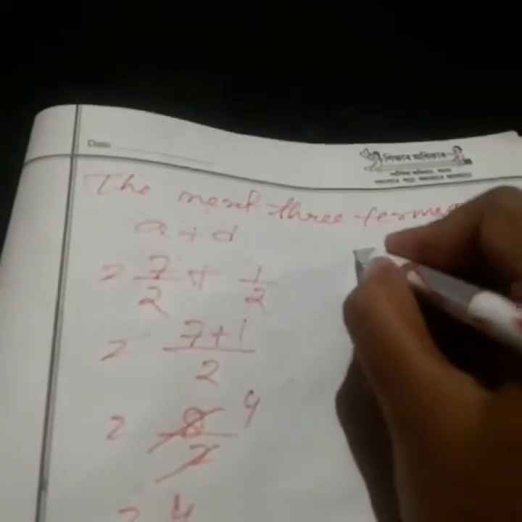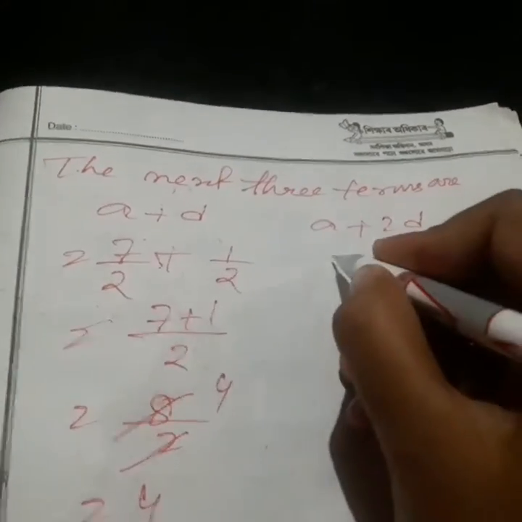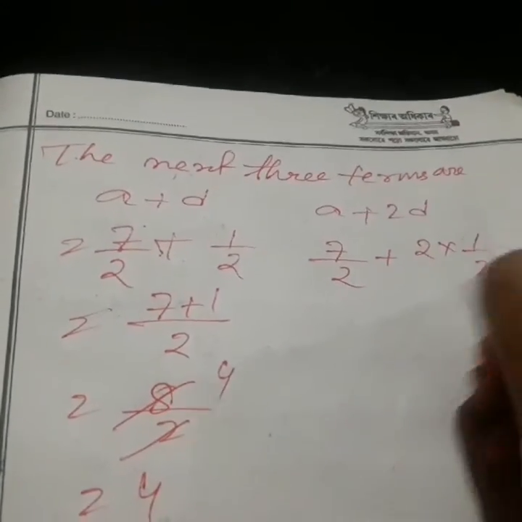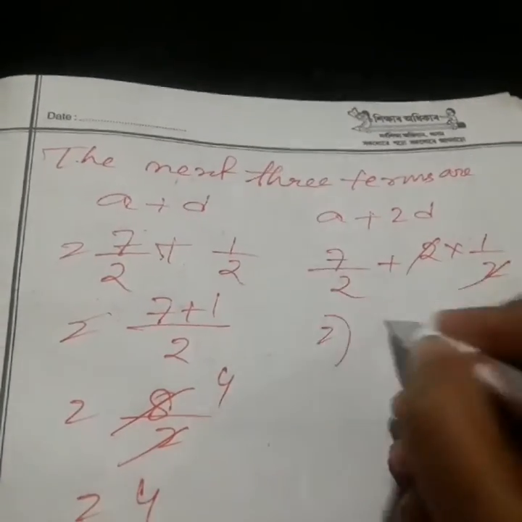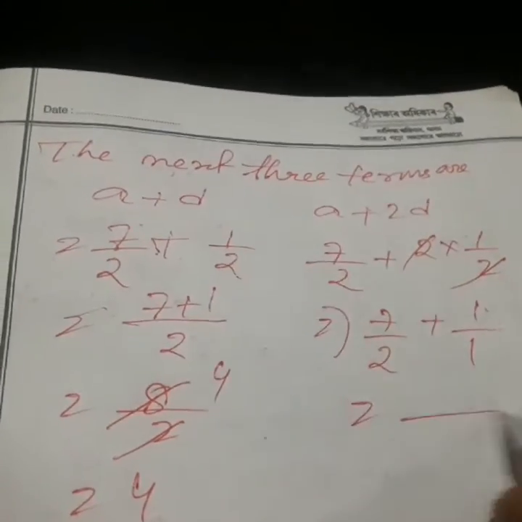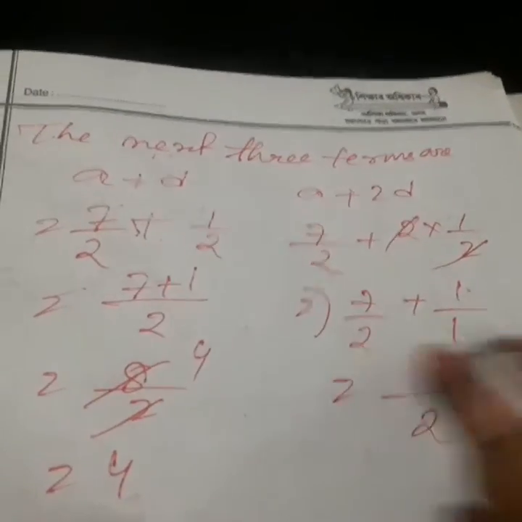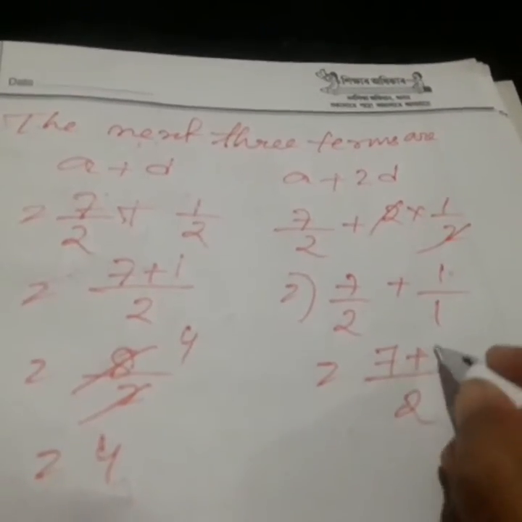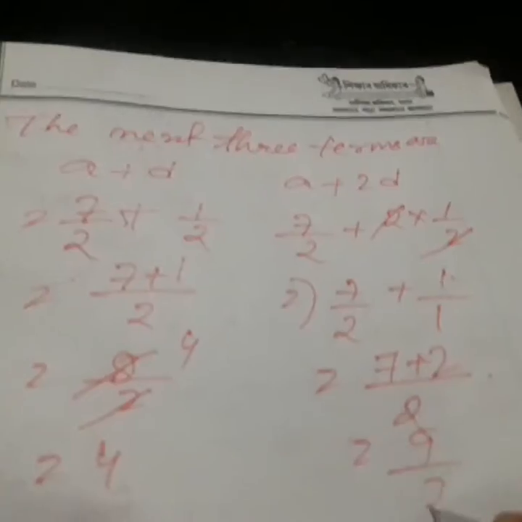Then the next one is A plus 2D. Again A is 7 by 2 plus 2 into 1 by 2. The 2 cancels, so 7 by 2 plus 1. The LCM of 2 and 1 is 2, so 7 plus 2 is 9. The answer is 9 by 2.